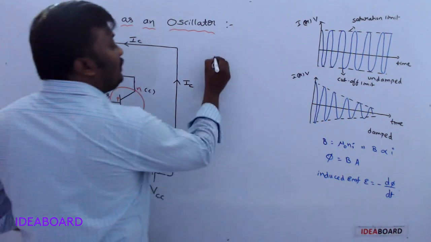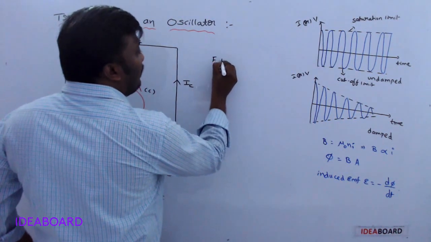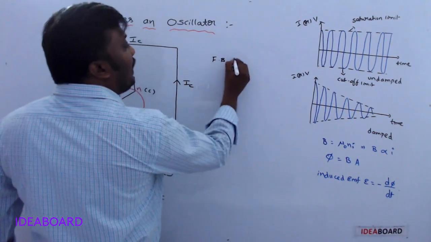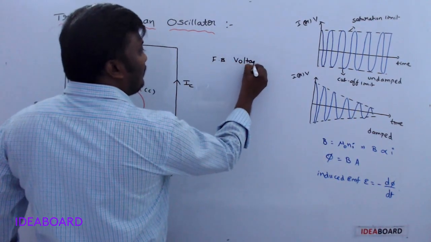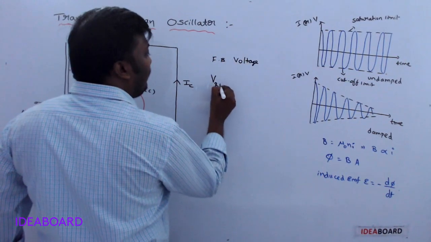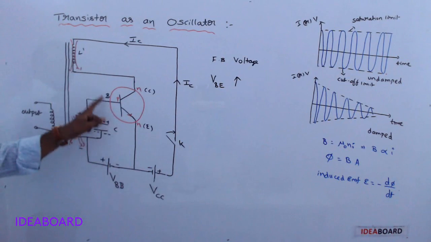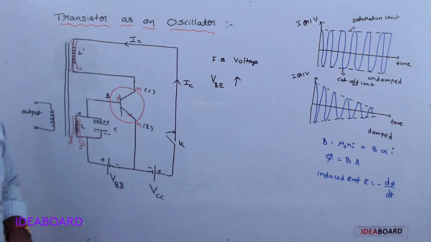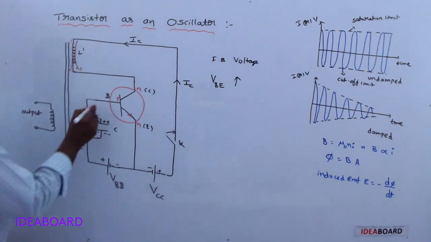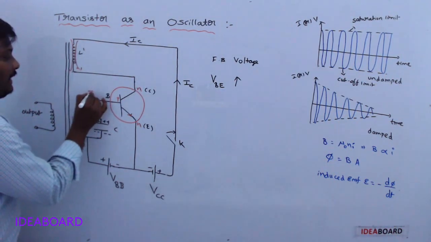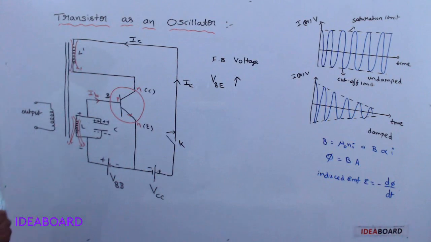So what happens here? During this process, the forward bias voltage, meaning VBE, increases. Whenever VBE increases, the current IB increases.